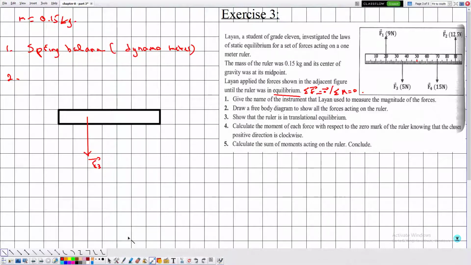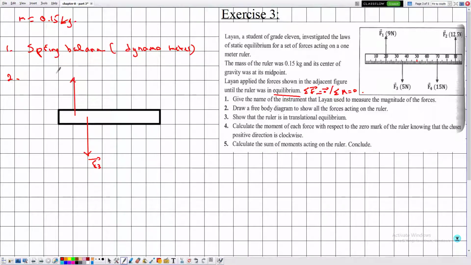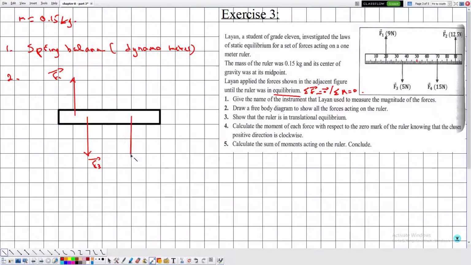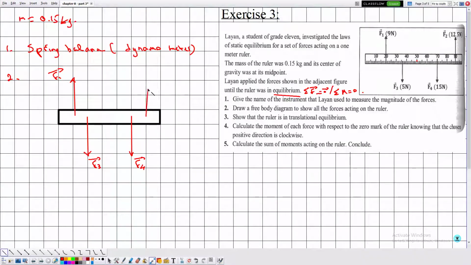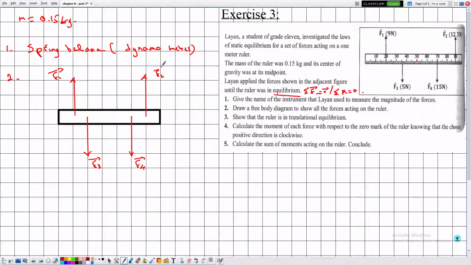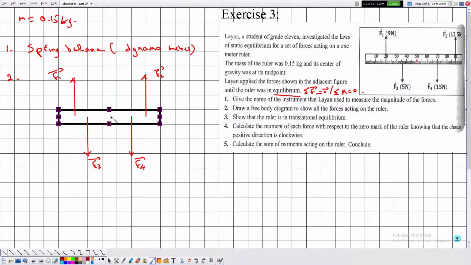We have the force F1 acting somewhere here. We have the force F4 acting somewhere here. And we have the force F2 acting somewhere here. The magnitudes of the forces are listed here, but there is one force that we didn't represent, which is the weight acting at the center, which is here. Because the ruler has a mass, it will be directly subjected to the weight.